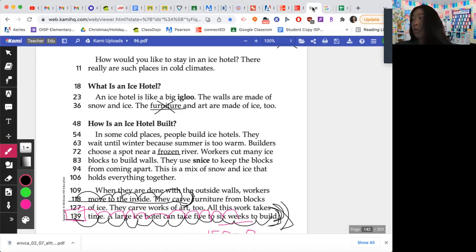After you have done that, you need to make sure you put your scores in the fluency scores spreadsheet, the Google Sheet.